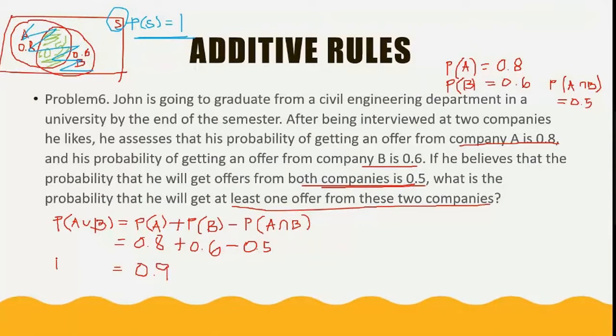So we can say that there is a 90% probability that company A or B will give an offer, that's 0.90.